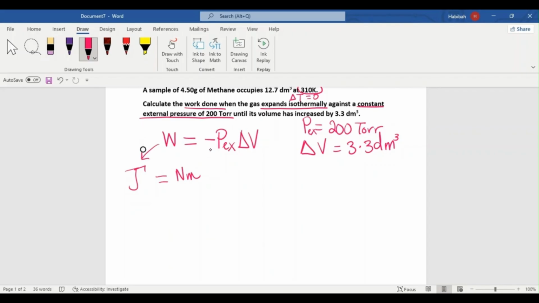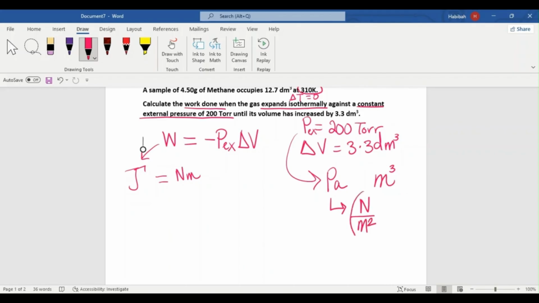Generally, the SI unit for pressure that would work for a question like this is pascals, and the unit that would work for change in volume in a question that involves joules is meter cubed. So we have to go from dm cubed to meter cubed. And then we have to go from torr to pascals, because pascals is also Newton per meter squared.